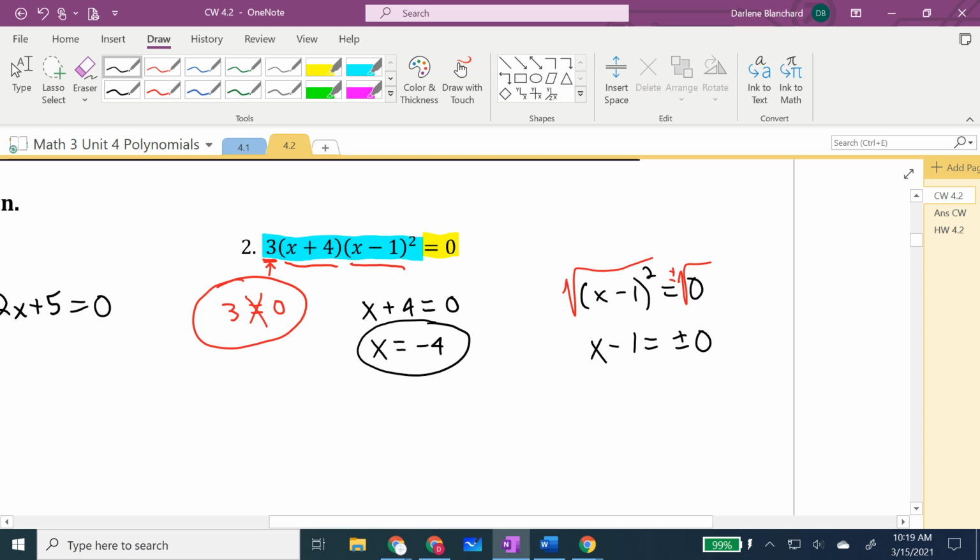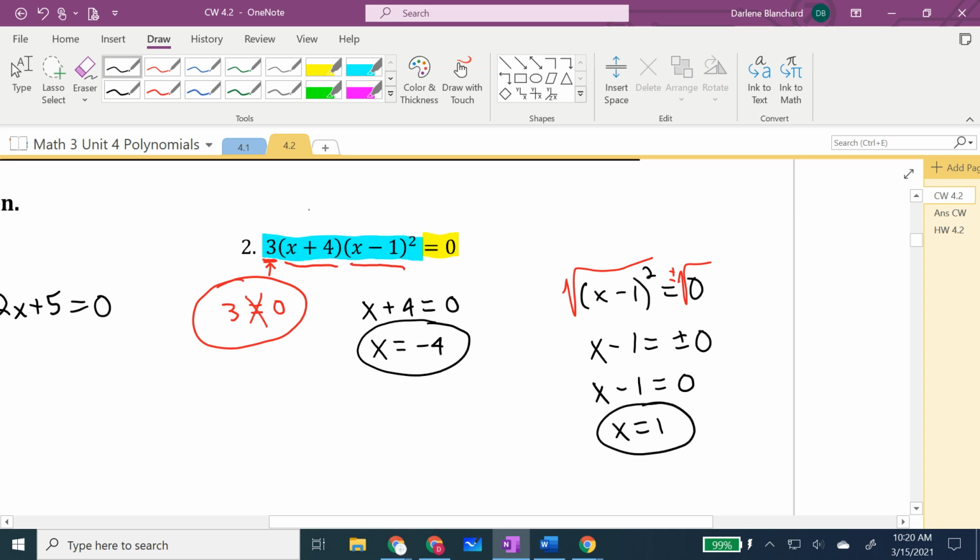However, 0 doesn't have a positive or negative. If I say plus or minus 0, that's flat out 0, and I'm only getting one answer. And when I add the 1, I get 1.